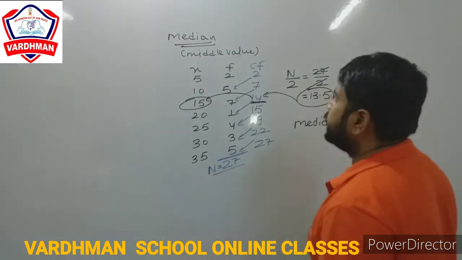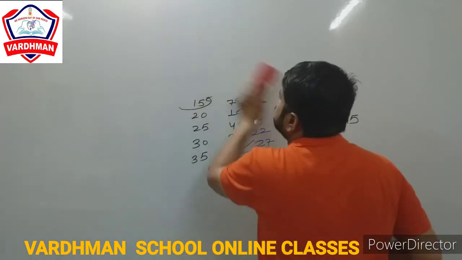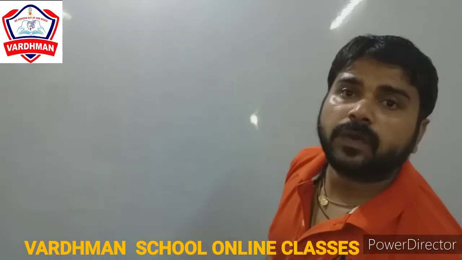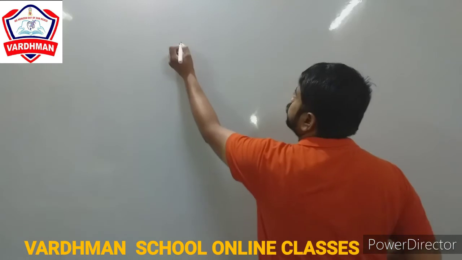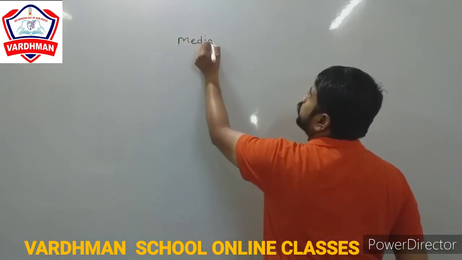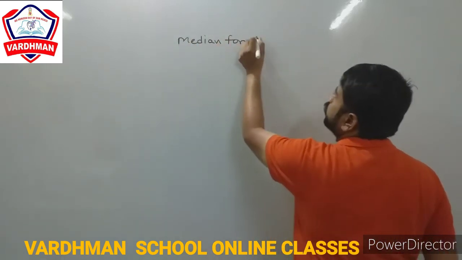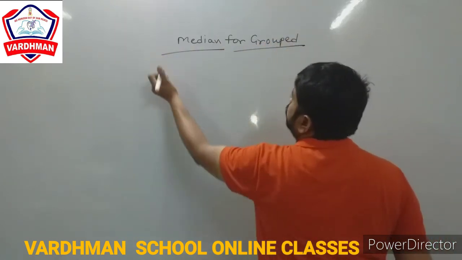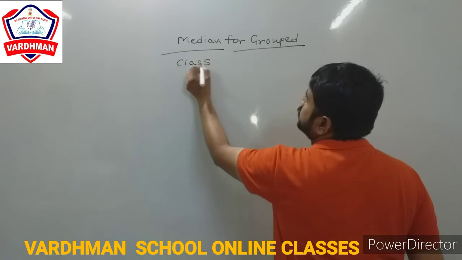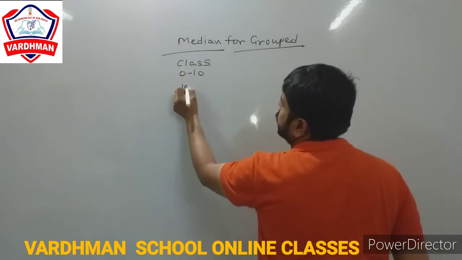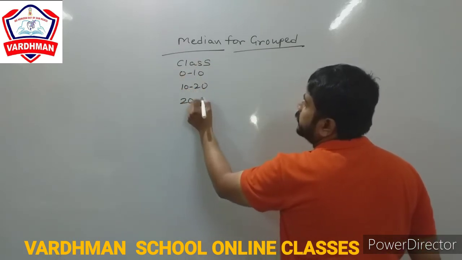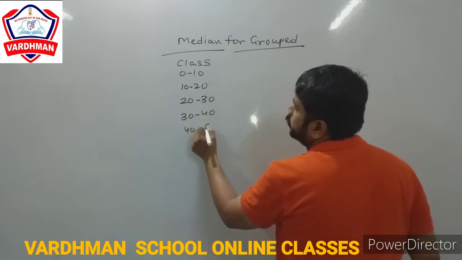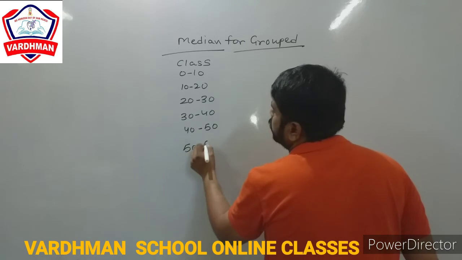Let's go to the last and final topic of this chapter, that is median for grouped frequency. Like that, there are the classes 0 to 10, 10 to 20, 20 to 30, 30 to 40, 40 to 50 and 50 to 60.